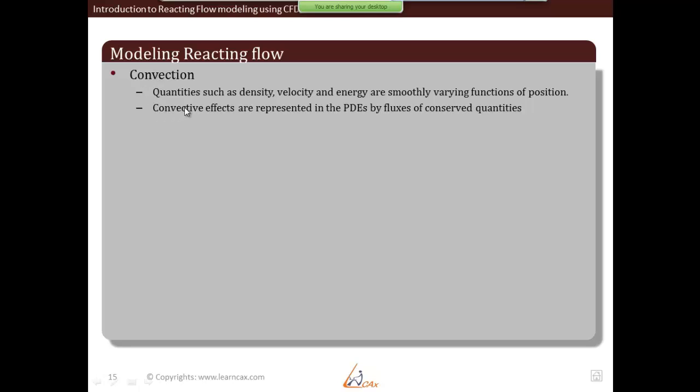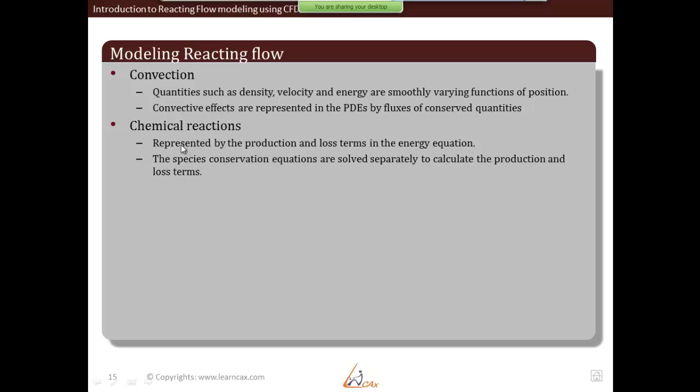Quantities such as density, velocity, and energy, which are smoothly varying functions of position, come under convective mass transfer because of convection effects, and these are represented in the partial differential equations by fluxes of conserved quantities. That is coupled together with chemical reactions, which are put into the model by representing them as a production term or loss term of chemical species, and the species conservation equations are solved separately from the momentum equations.